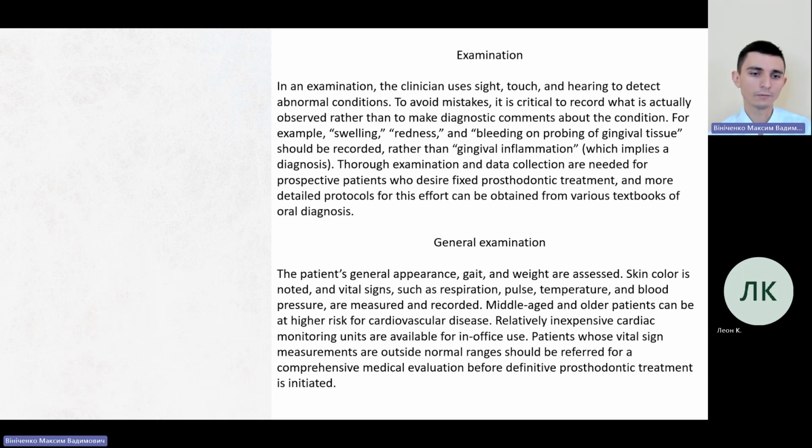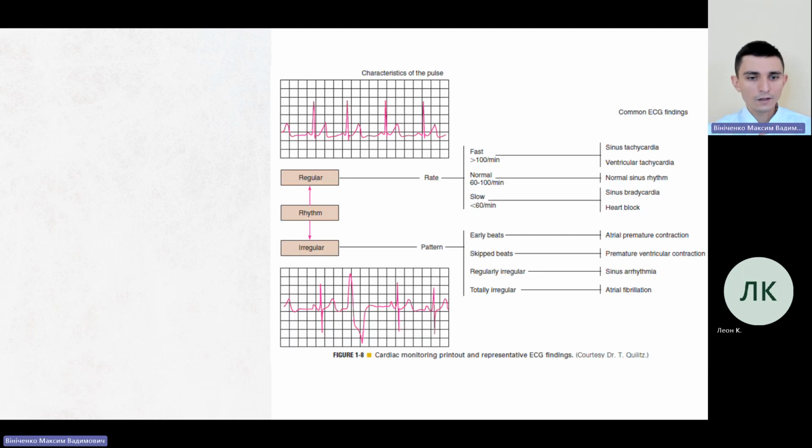Patients whose vital sign measurements are outside normal range should be referred for a comprehensive medical evaluation before definitive prosthodontic treatment is initiated. Here you can see a cardiac monitor printout and representative ECG findings.